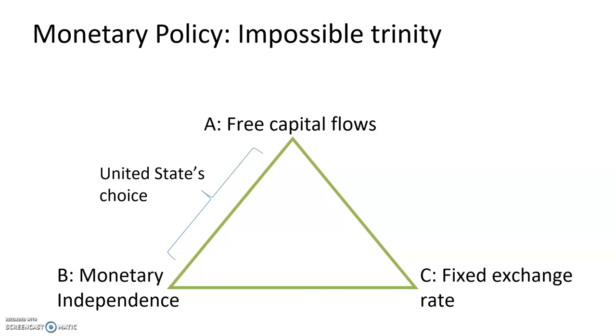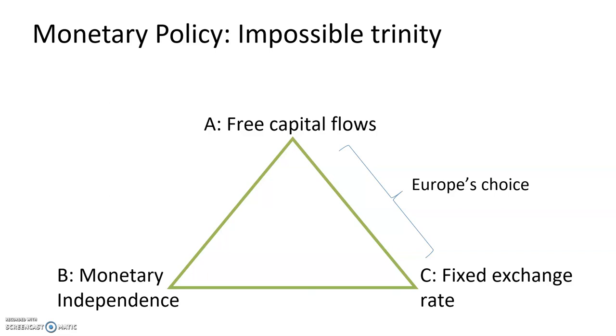The United States' choice is also to go with free capital flows and monetary independence. However, Europe's choice is free capital flows and a fixed exchange rate, so they're losing out on monetary independence. Same goes for China. They choose to have free capital flows and a fixed exchange rate.